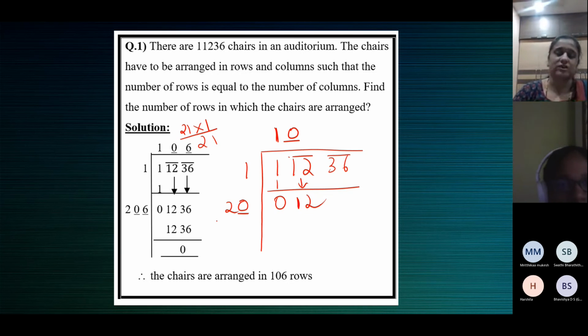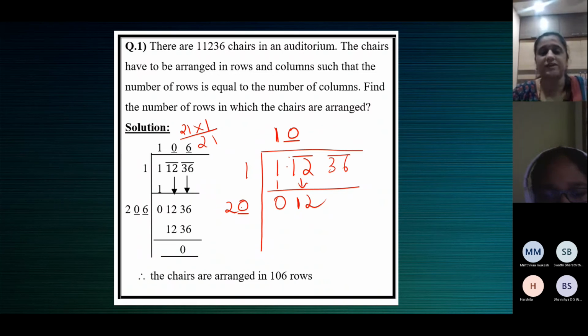You can also take one more extra step. You can add a 0 here and 0 here. Now, what is 20 into 0? 0. So 12 is the remainder now.